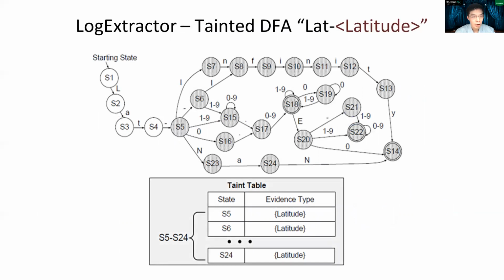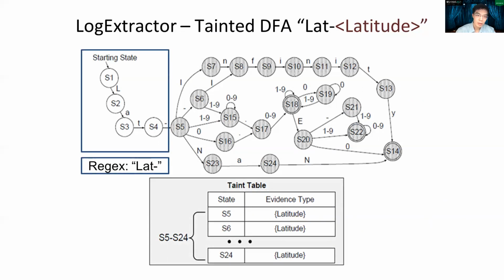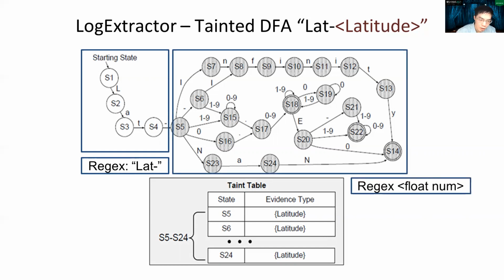This is the tainted DFA representing our previous example. As you can see, the left-hand side is the part for the constant string LAT and hyphen, and the right-hand side is the floating number string with evidence type latitude.